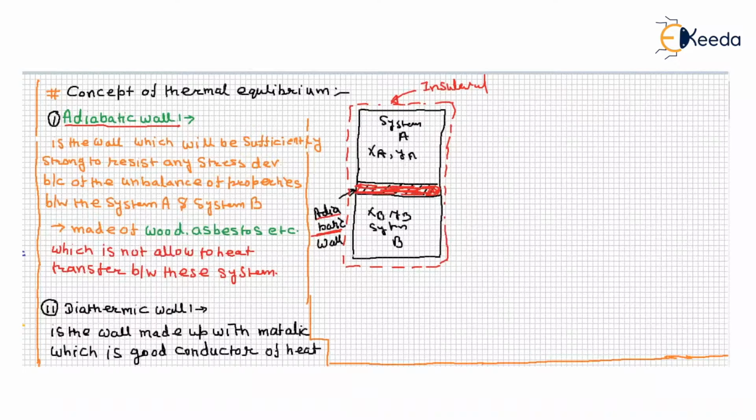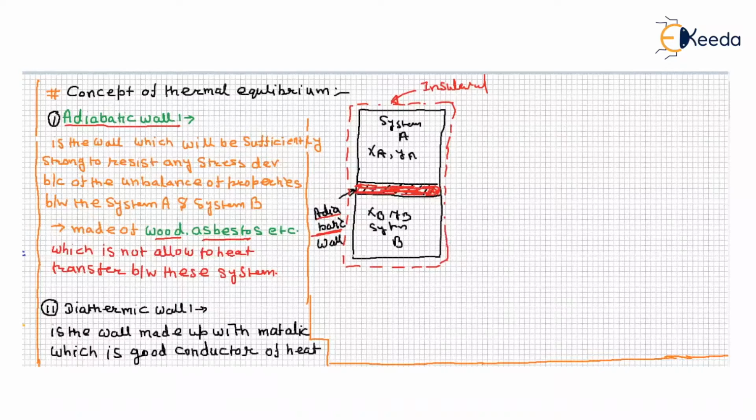Generally made of wood or asbestos. Asbestos, आपने देखा होगा asbestos, that means सिरामिक शीट्स होते हैं जो काफी सारे ऑन द टॉप ऑफ रूफ लगा रहता है. This is asbestos, which is highly resistant and does not allow heat transfer between the systems.